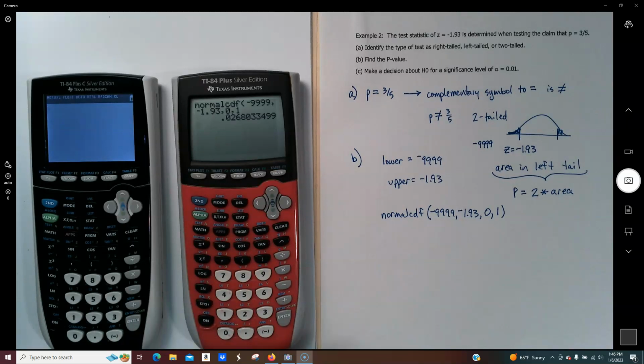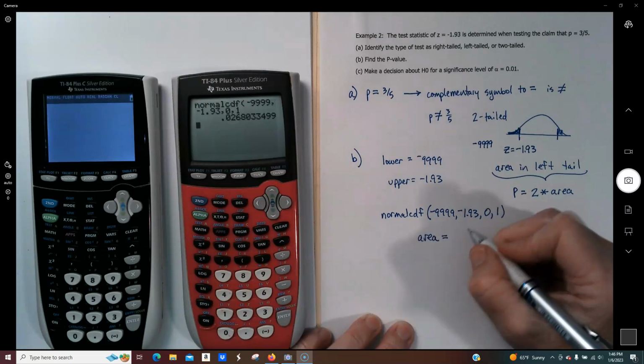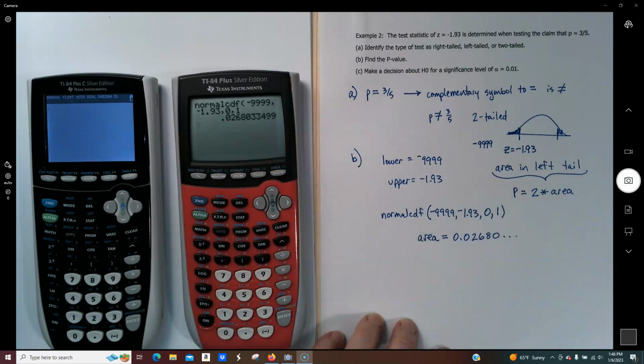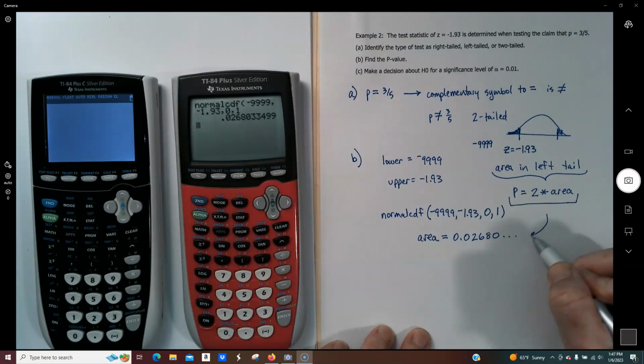So we get an area in the left tail of 0.02680, so on. But to get the p-value, we need to multiply that by 2 because there are two tails.